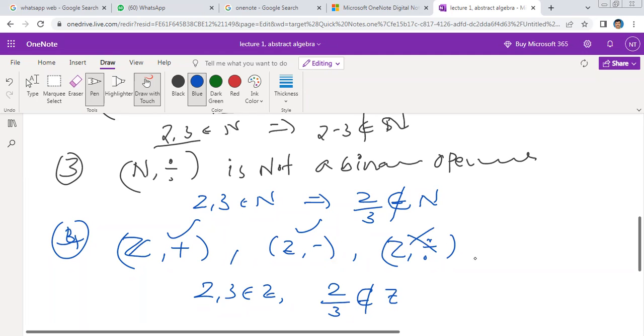What about multiplication? Z, dot. The product of two integers is again an integer, so it is also satisfying. Therefore addition, subtraction, multiplication are possible in Z, but not division.